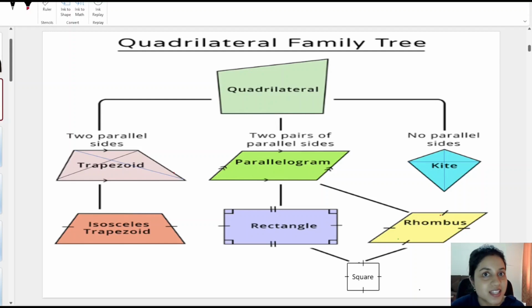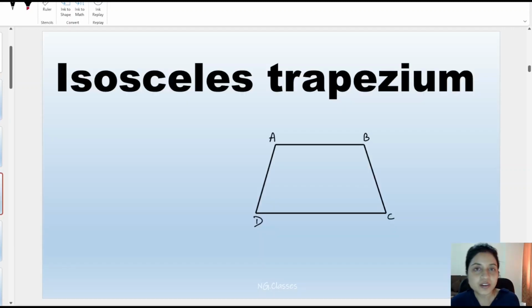Now, as we can see in the family tree, the next sub part of the trapezoid is the isosceles trapezoid. So let's discuss the isosceles trapezoid, then we will move to the other member, that is the parallelogram. The isosceles trapezium will follow all the properties of a trapezium, and apart from that, it will also have its own property. Here we have a trapezium ABCD.